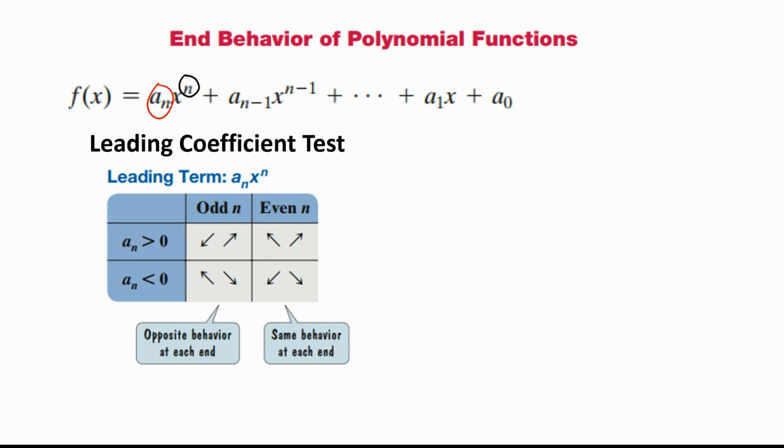So what we're going to be able to determine are the so-called end behaviors of the graph. The graph is going to either go up to the left and up to the right, or they're going to drop on the left and the right, or they're going to do something like this, John Travolta, or they're going to do something like that. Right? You know, staying alive.